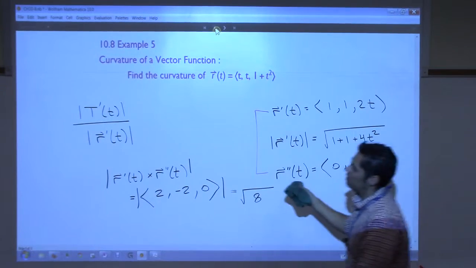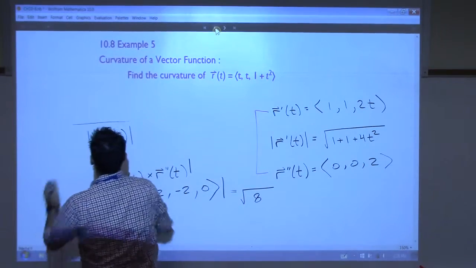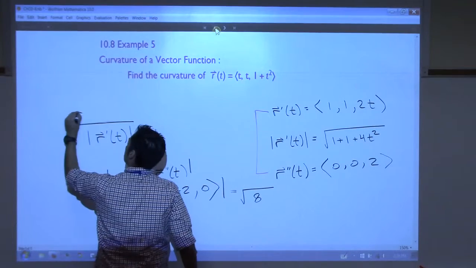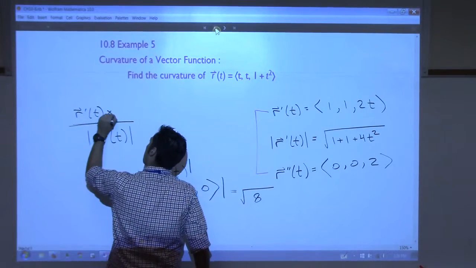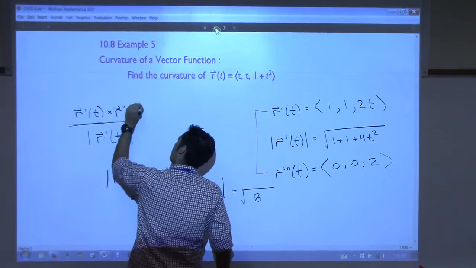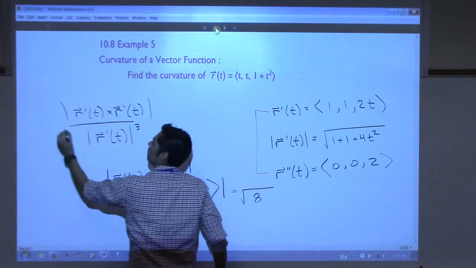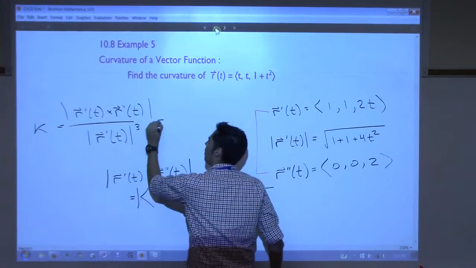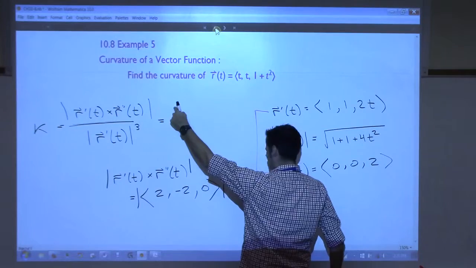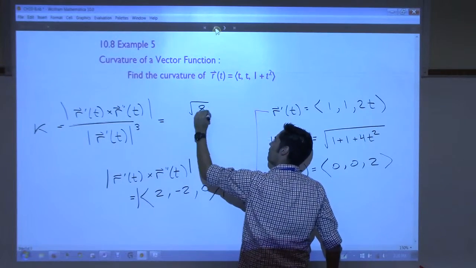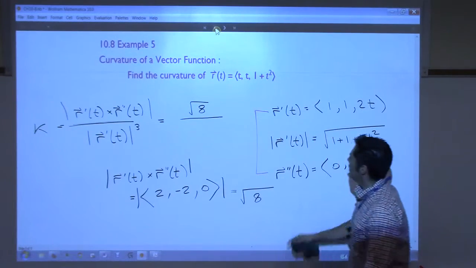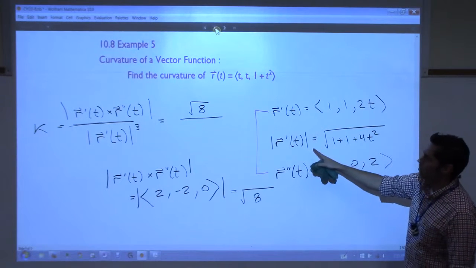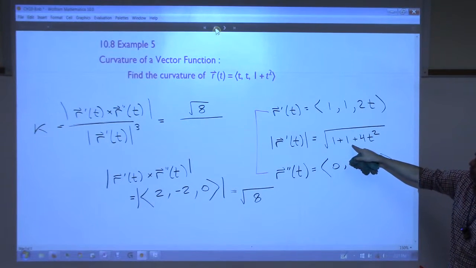So the curvature, I'll just cheat and I'll use this formula. The curvature is this. That's it, right? We know this is what? Root 8 over, and then the derivative, is this the derivative right here?